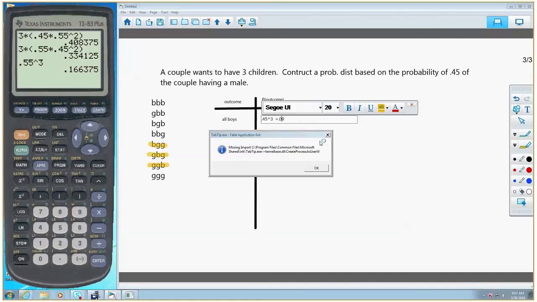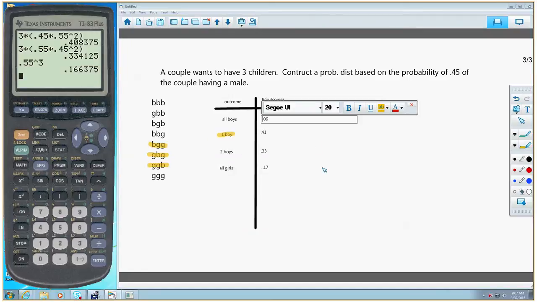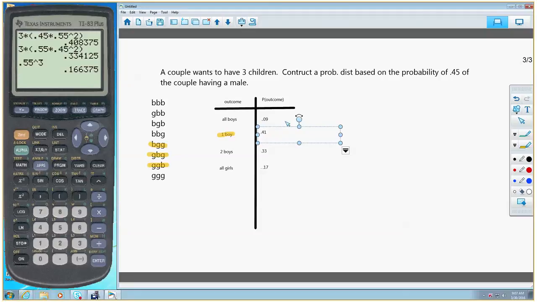And this calculation out. And what do we have? We have a probability what? Distribution. Just want to move it over.